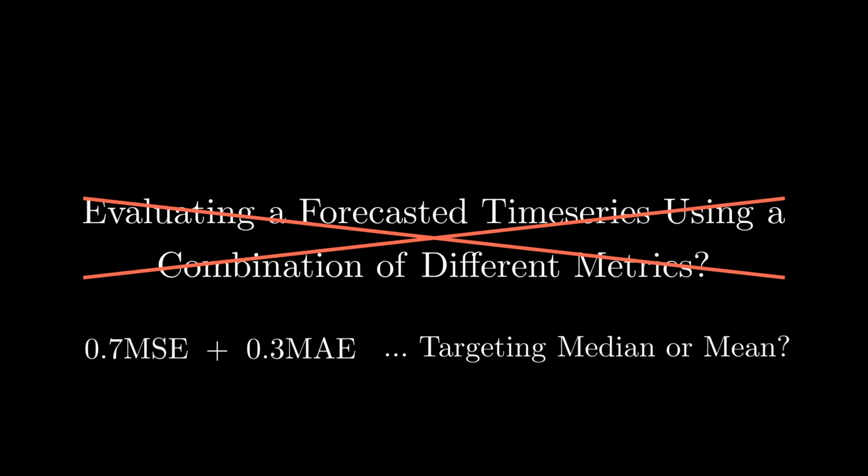If both those quantities have to be targeted, then two separate models should be built, one to forecast the median and another to forecast the mean.